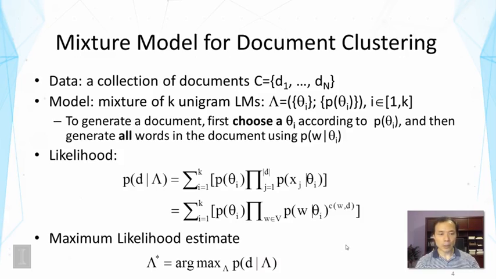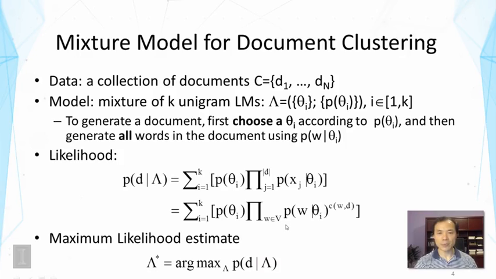You can take a look at the formula here. We have used different notation in the second line of this equation. You can see the notation has been changed to use a unique word in the vocabulary in the product instead of a particular position in the document.